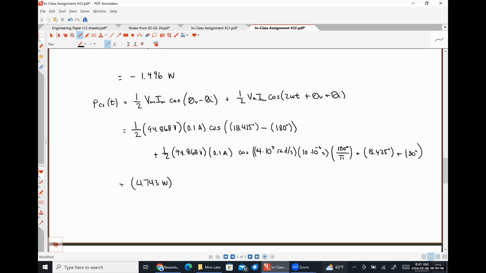Now I'm doing cosine of 18.435 minus 180, storing that in my calculator as B. So that looks like negative 0.949 after rounding. And I'm going to have that same 4.743 watts from 1/2 VmIm.